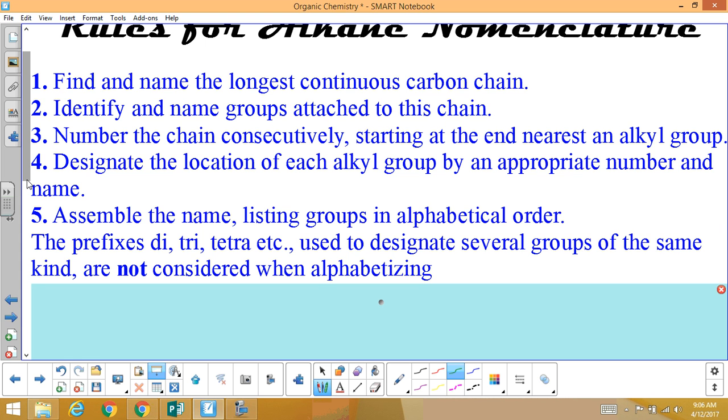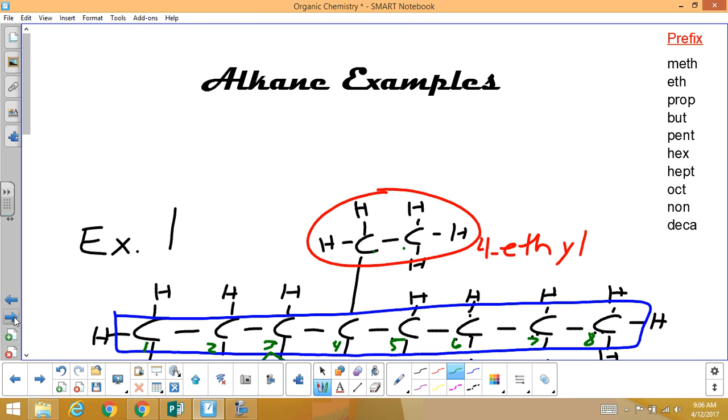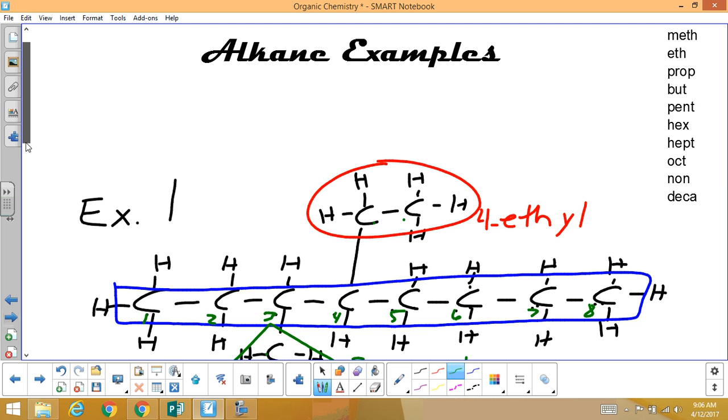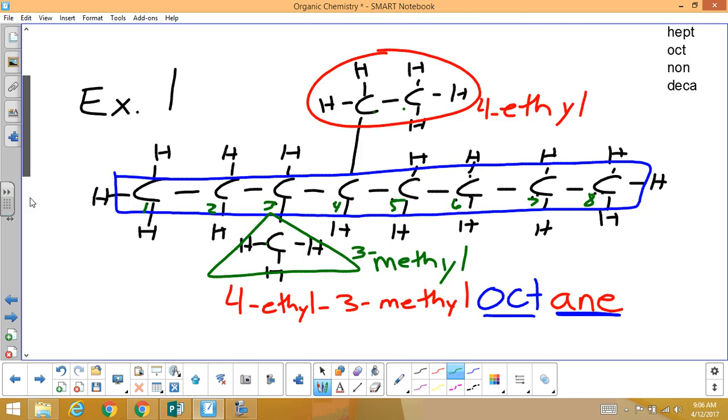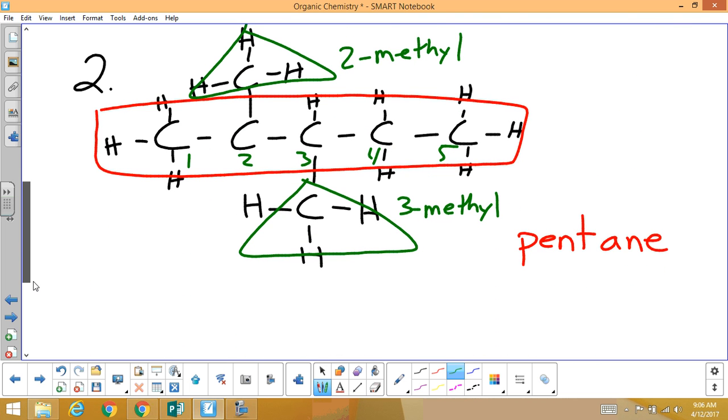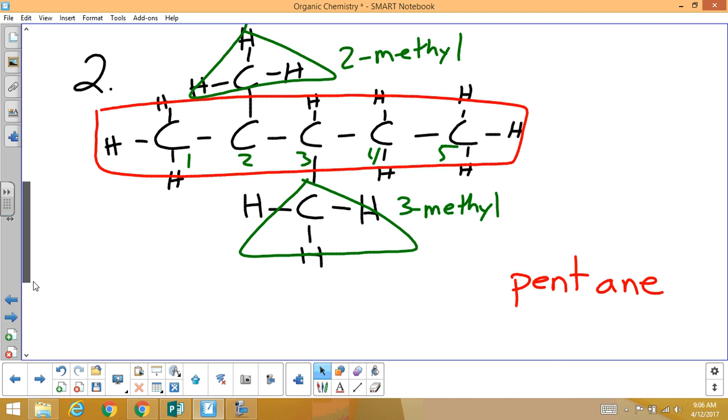So even though you're using di, tri, tetra, the T, T, and D, they don't go into the alphabetizing. So in this case, I'll bring this down, it would be 2, 3 dash dimethyl pentane.